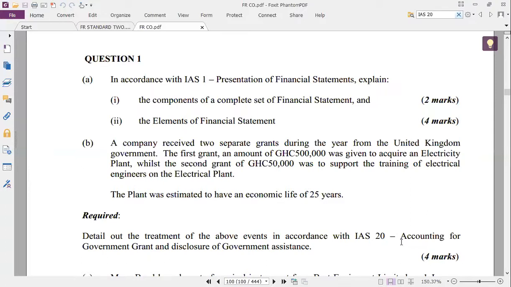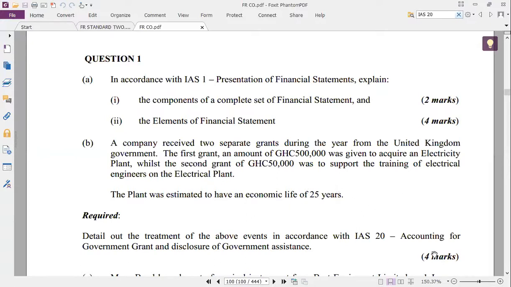What's the treatment of capital grants? Then the second one, an amount of 50,000 was also awarded to support the training of the electrical engineers on the electrical plant. That means that one becomes revenue grants. Good.